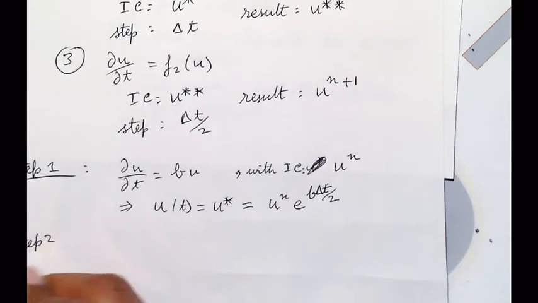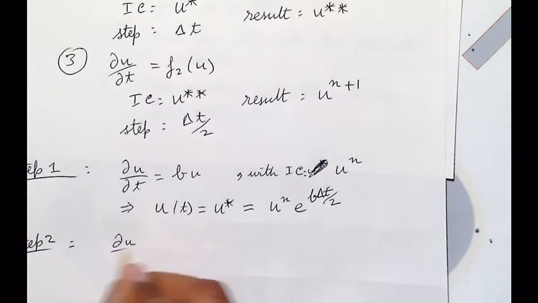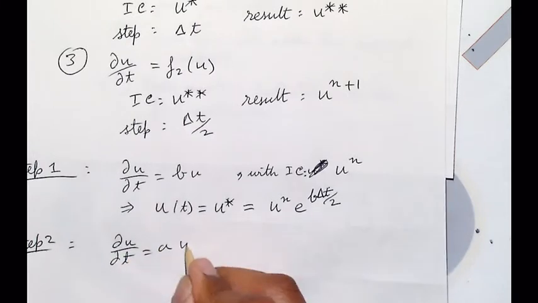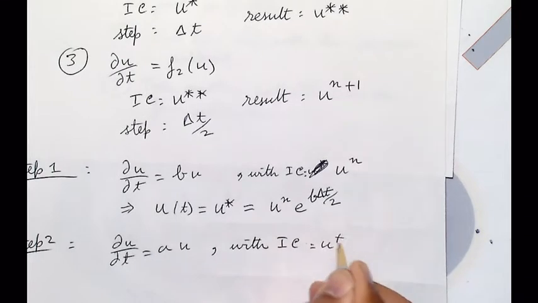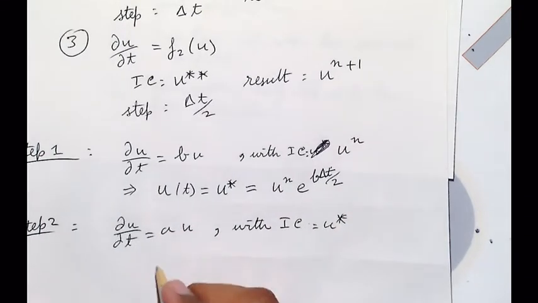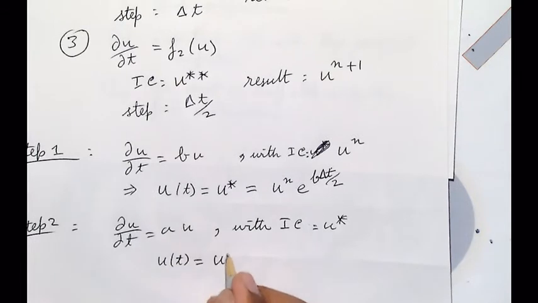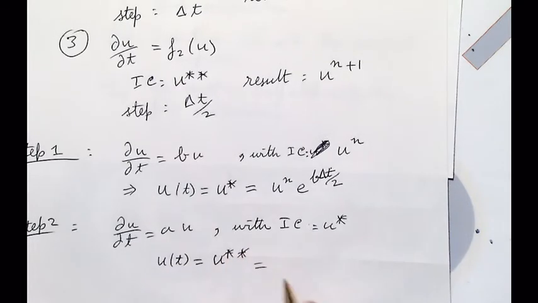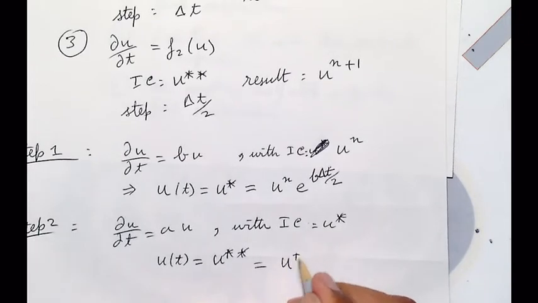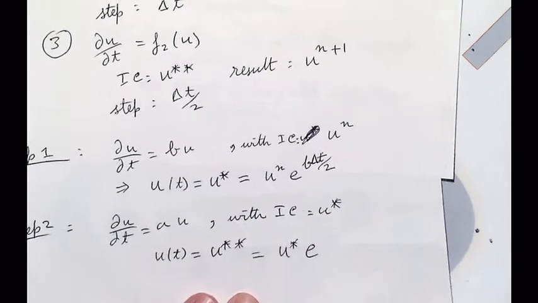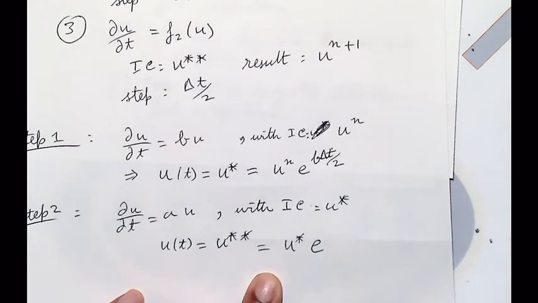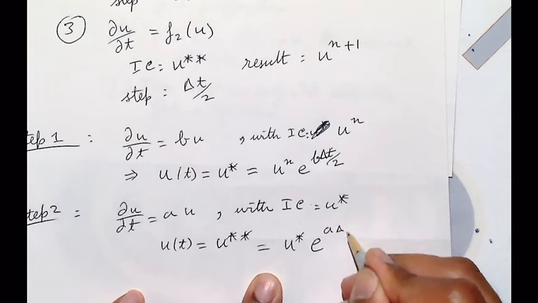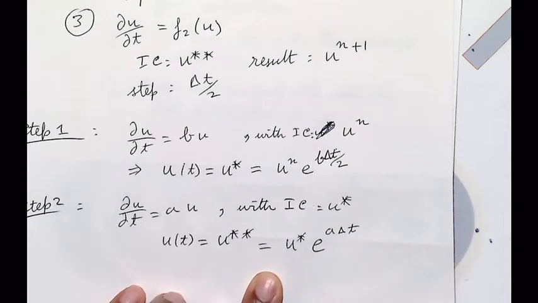Step 2 is ∂U/∂t equals AU with initial condition U star. So we get U(t), which is now U star star, is actually U star times what? e to the A Δt. Is that good?